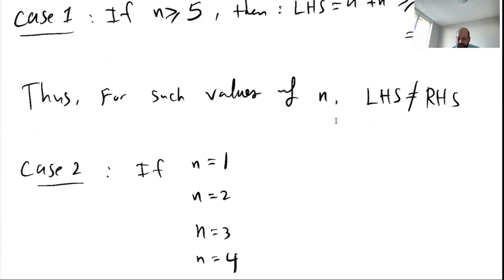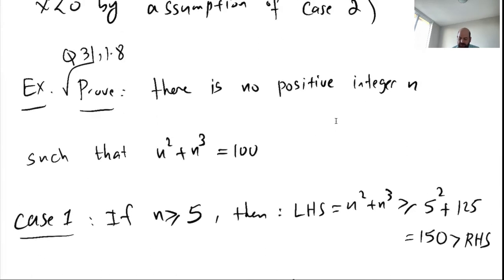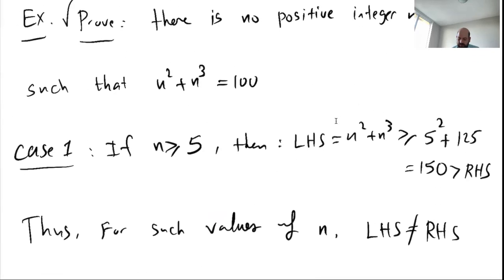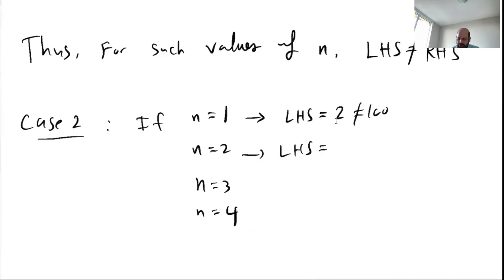So if n equals 1, the left-hand side of this equation, n squared plus n cubed, is 2, not equal to 100. If n is 2, the left-hand side becomes 2 squared plus 2 cubed, 4 plus 8 is 12, not equal to 100.